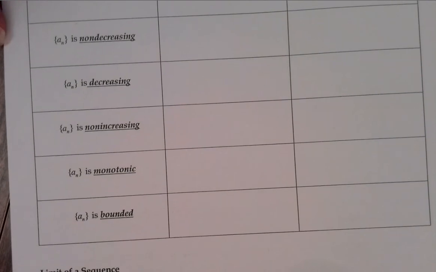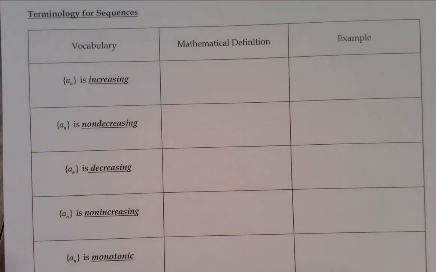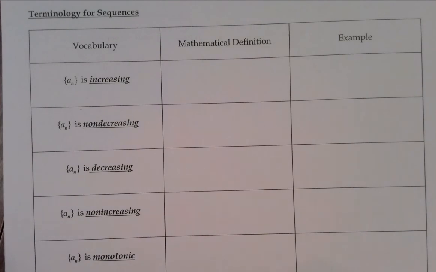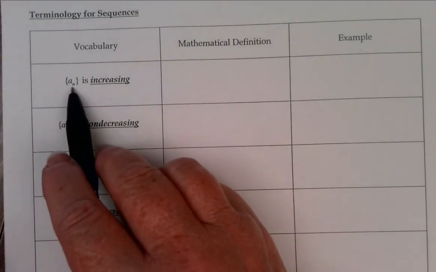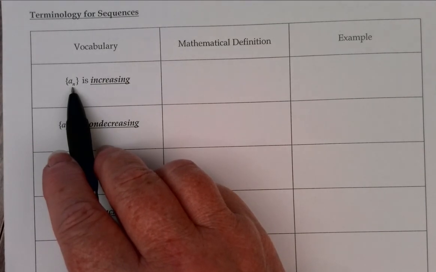So I want to go ahead and talk a little bit more about vocabulary, terminology associated with sequences. We say that a sequence a sub n is increasing, literally, if each term is bigger than the one before it.